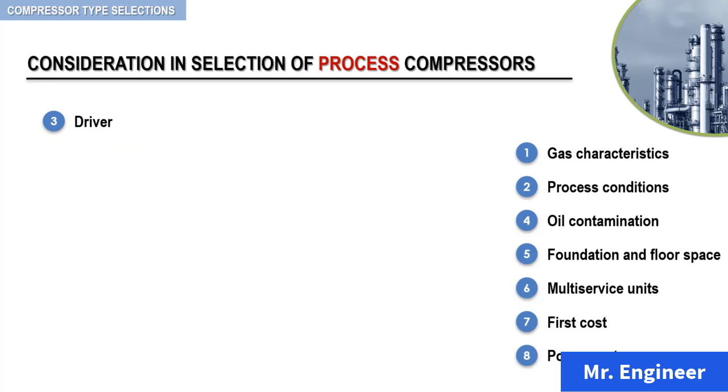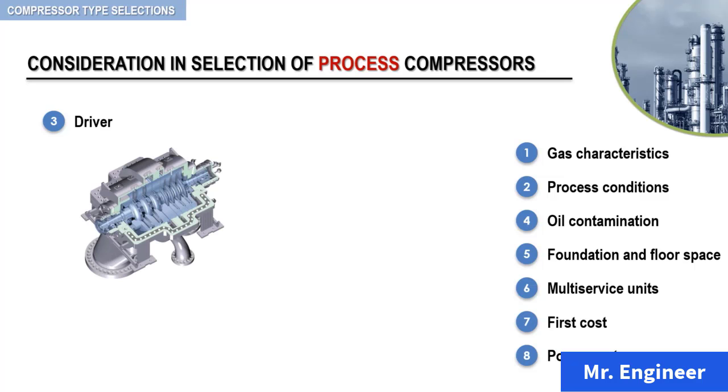For the factor relative to driver, in general, if choice of driver is dictated by the available source of power, the heat balance, or any other factors in the plant, the compressor that best fits the driver should receive first consideration. In other words, and to put it simply, the centrifugal compressor always receives first consideration if the driver must be a turbine.